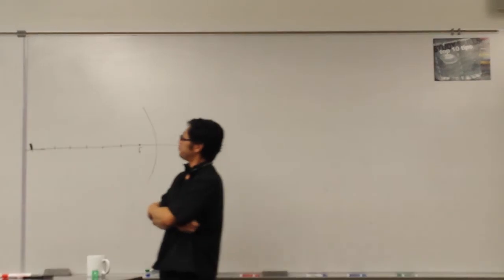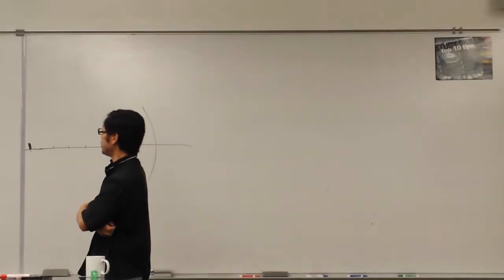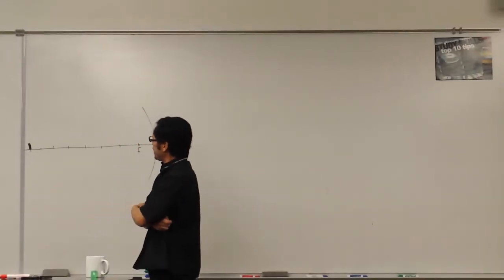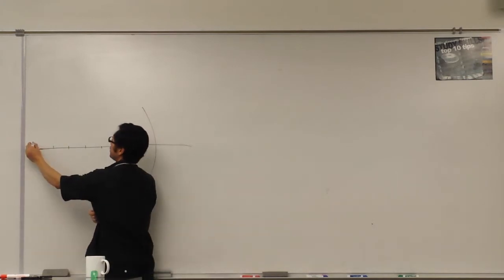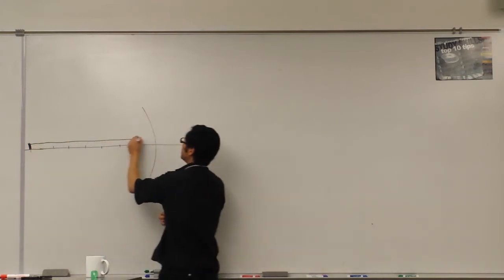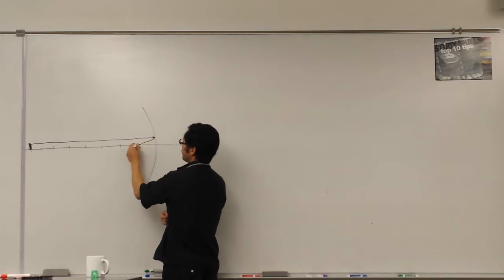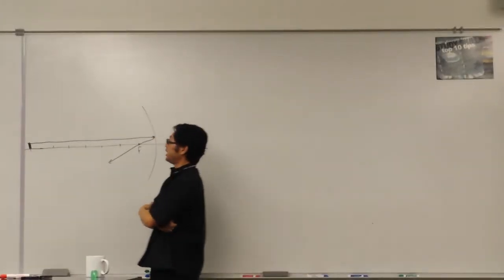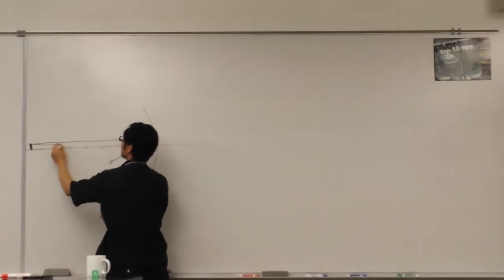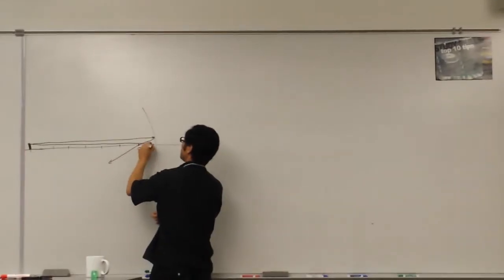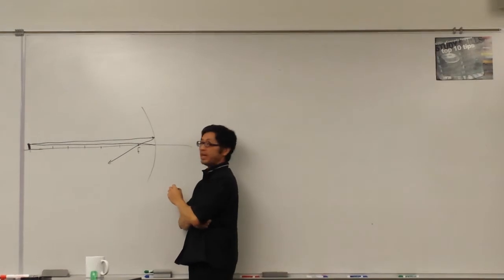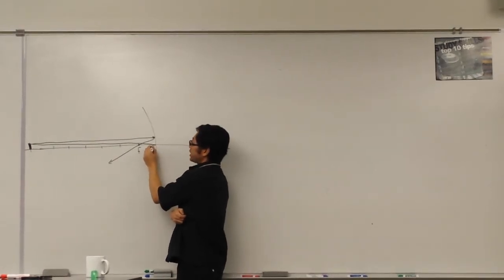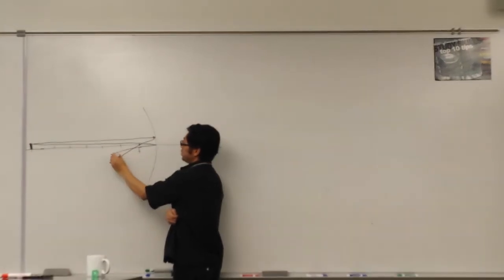So it says, determine the location, height, and orientation with a crude ray diagram. So what do I do first? I draw first one ray that's parallel, and it's got to go through the focus, right? And then I draw one ray that goes to the center, and that's a pretty shallow angle, so it's going to come back at the same shallow angle.